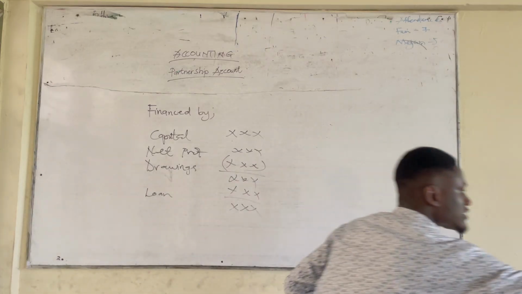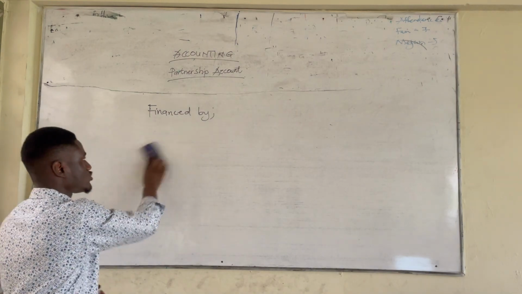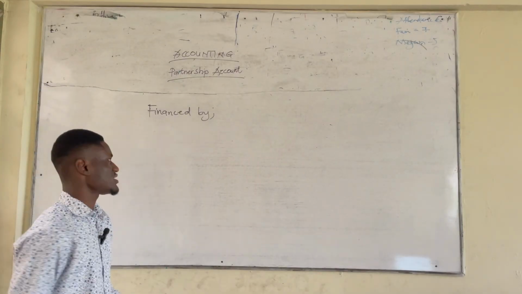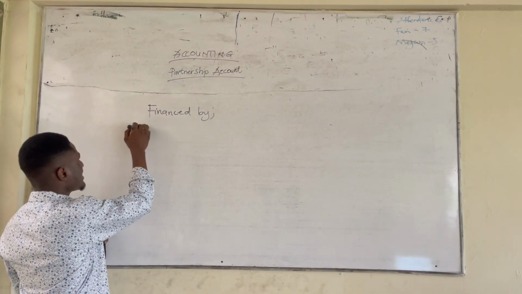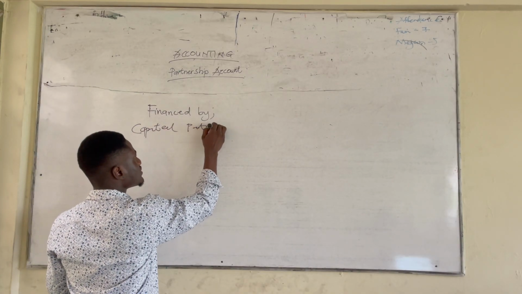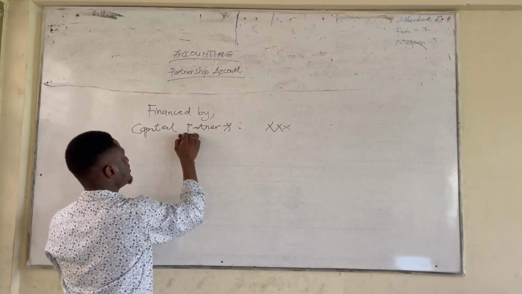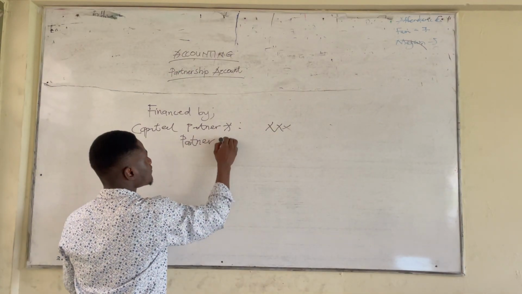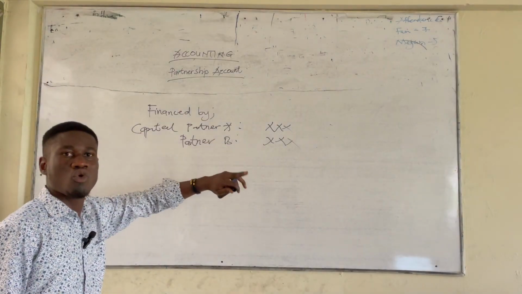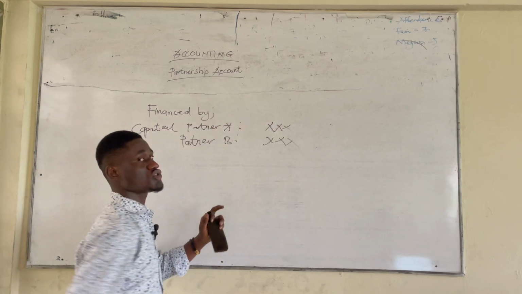Good. But in partnership accounting, you see there are two or more partners contributing capital into the business. So what we have to do, we can get capital to be, let's say partner A introduces his capital, partner B will bring in his capital. You see, it's a formation of two or more people. So you see, instead of having one capital contribution, we have two.